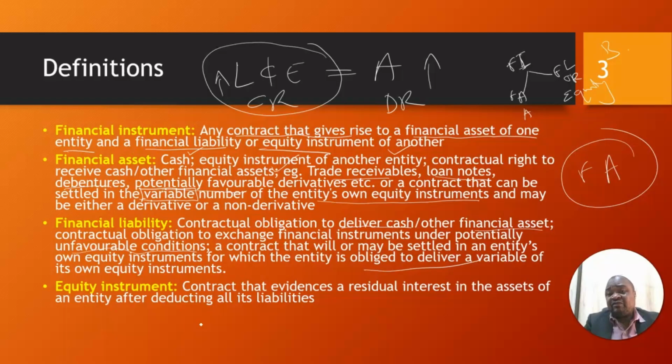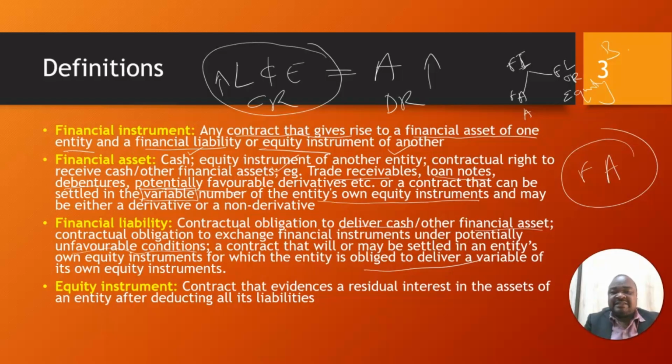This is now different from receiving our own equity instrument, but we are now delivering them, or issuing them. If they are of a variable number, that is a liability. But if they are of a fixed number, then that will become an issue of share-based payments.